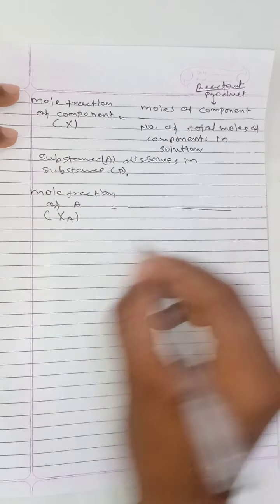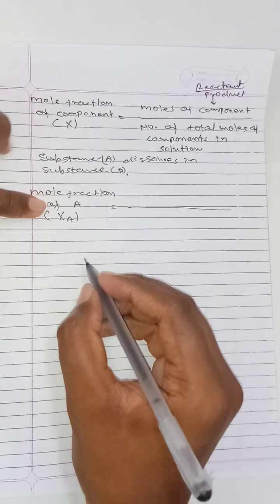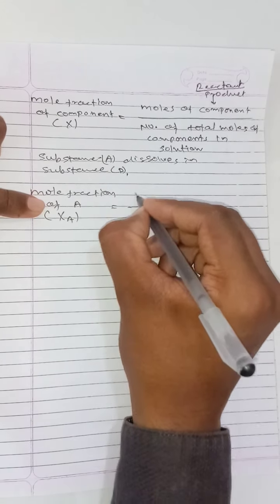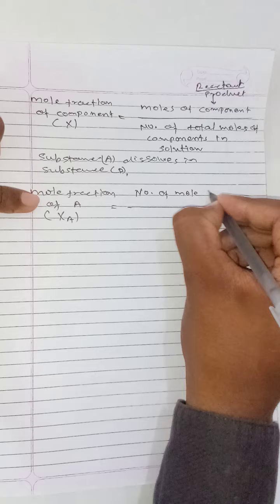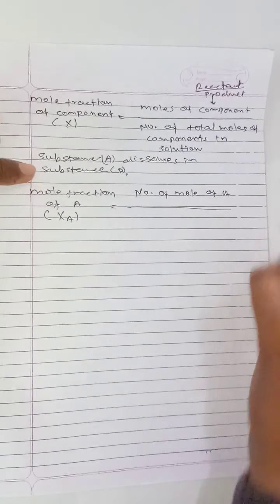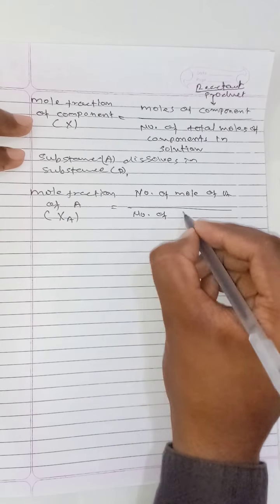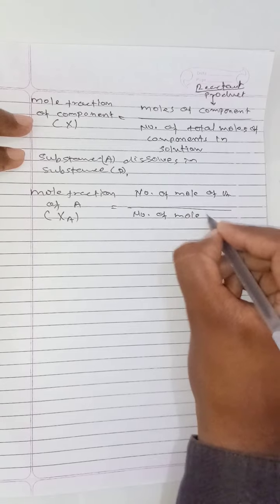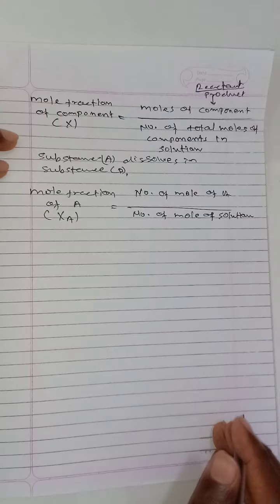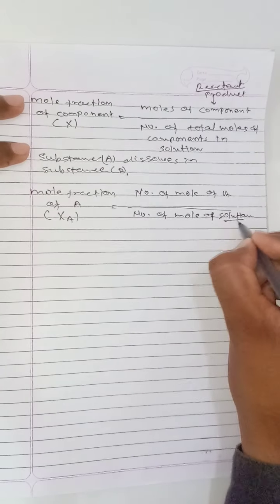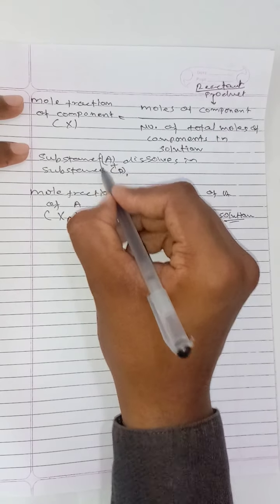That means here mole of component, here the component is our A. So from this equation, number of mole of A divided by number of mole of solution. Solution, that means here the reactant A plus B.